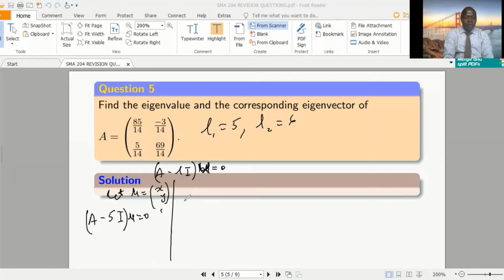So what I will then have will be 85 out of 14 minus 5, negative 3 out of 14, 5 out of 14, 69 out of 14 minus 5, multiplied by (x, y) and equal to (0, 0).